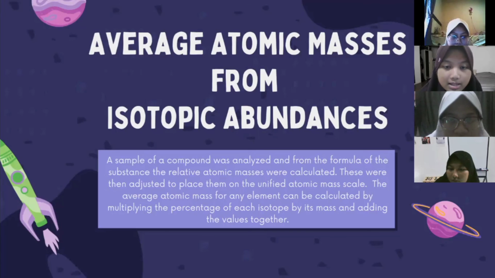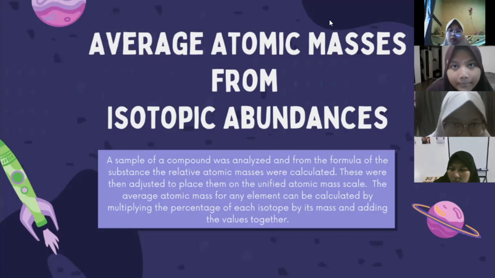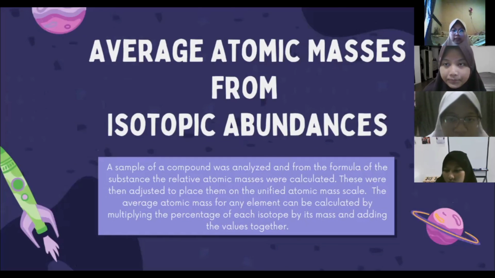The average atomic mass for any element can be calculated by multiplying the percentage of each isotope by its mass and adding the values together. Oh, I see that. So to find the average atomic mass, we multiply the percentage of each isotope by its mass and add the values together. I see that. I got it.